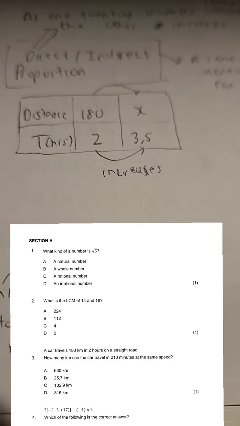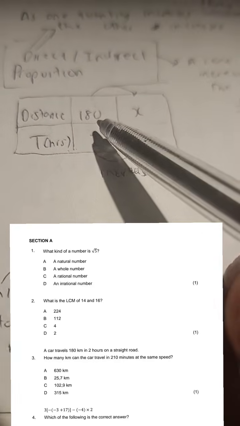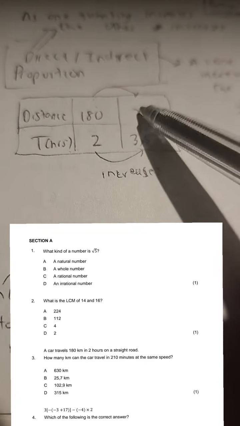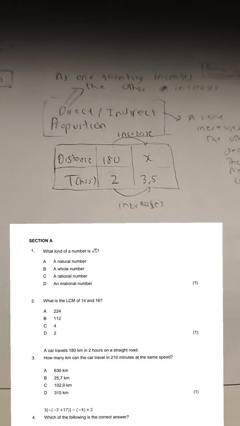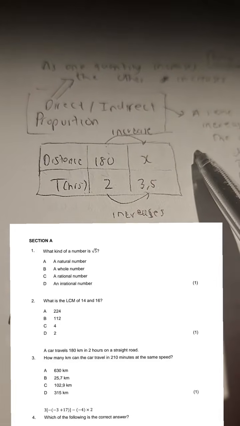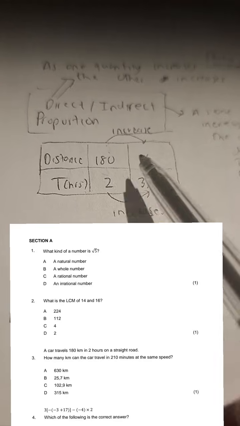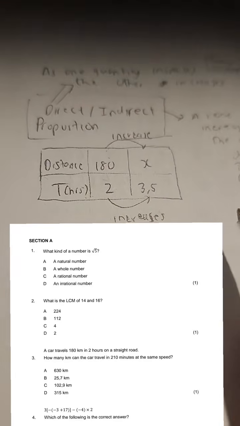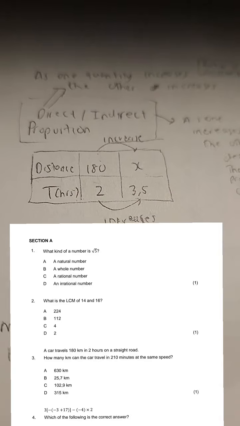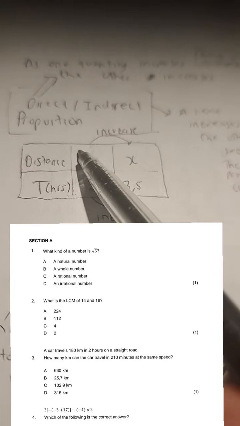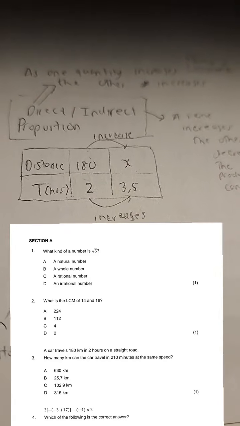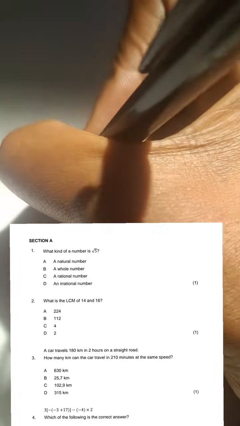If you are saying that at 3.5 hours it's traveling more of a distance, then it means there's also an increase in the distance as the time increases. That's what we are saying, right? And I think the logic we can apply here is that as the time increases, indeed the distance also increases. So that means we are dealing here with a direct proportion situation.